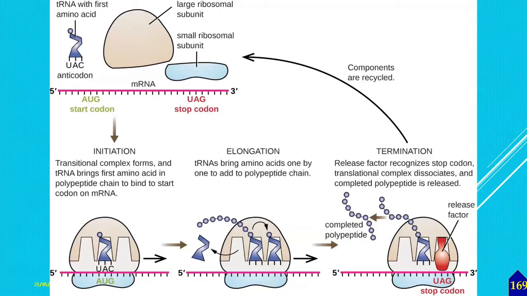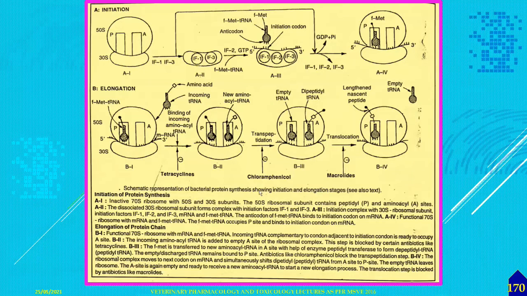So here you can see that release factors 1, 2 and 3 are there, and they are going to change from the A site to the P site, and finally it is going to be a matured bacterial cell.